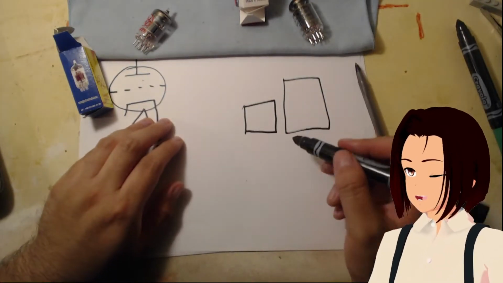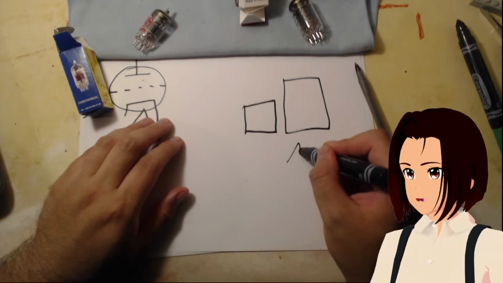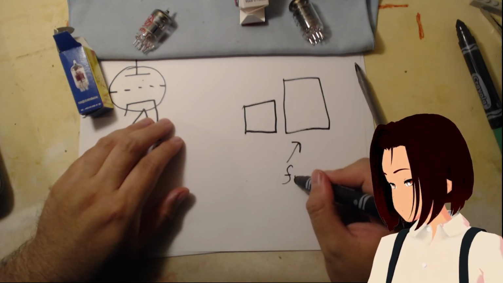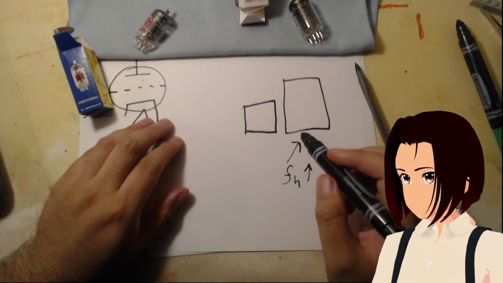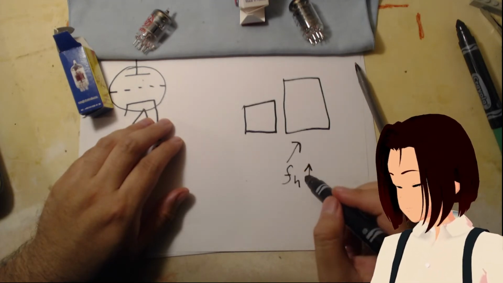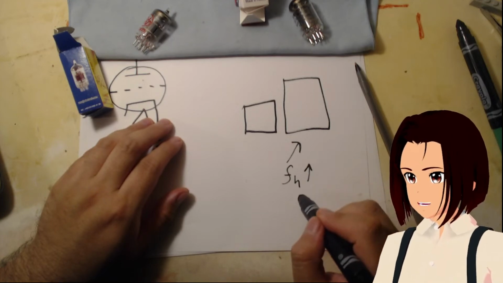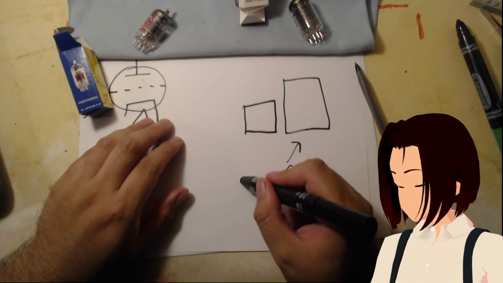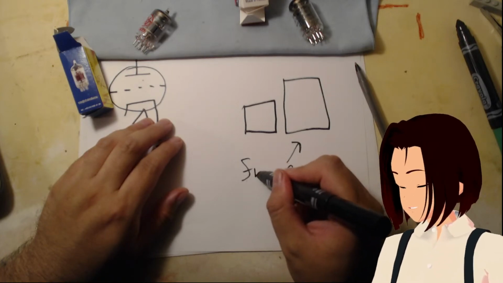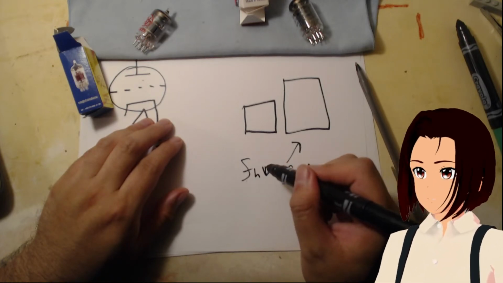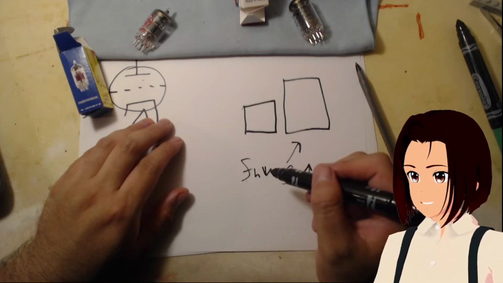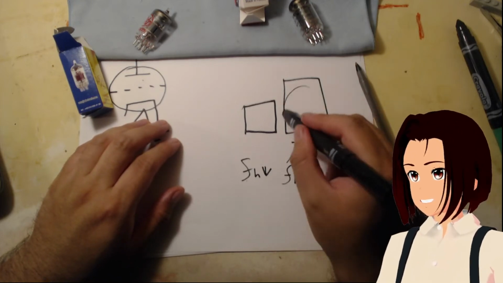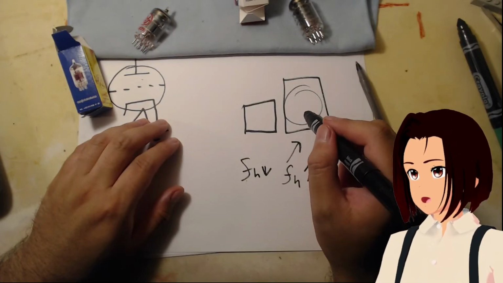This one has a higher fundamental frequency. I don't know if it's a harmonic, we're going to leave the H. This one has a lower fundamental frequency response. So effectively, this plate will absorb lower frequencies.